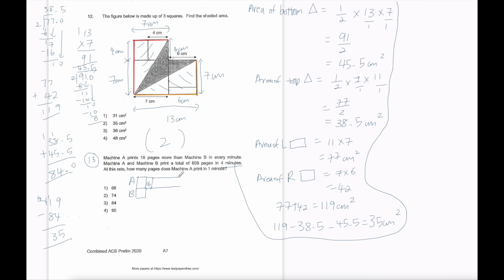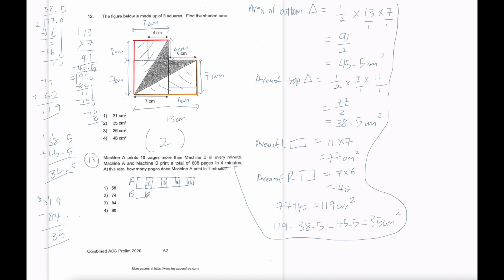I'm going to use freehand, so it's going to look a bit ugly. Anyway, this is the second minute. I need to draw 16. This is the third minute, and this is the fourth minute. So for 4 minutes, A will print this amount of pages: 1, 2, 3, 4.